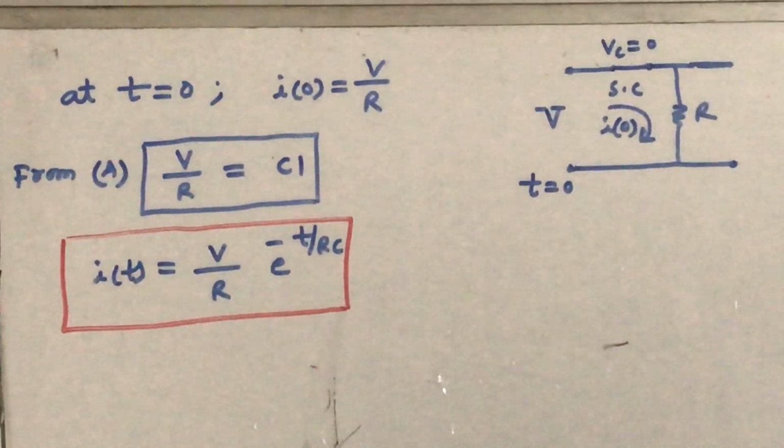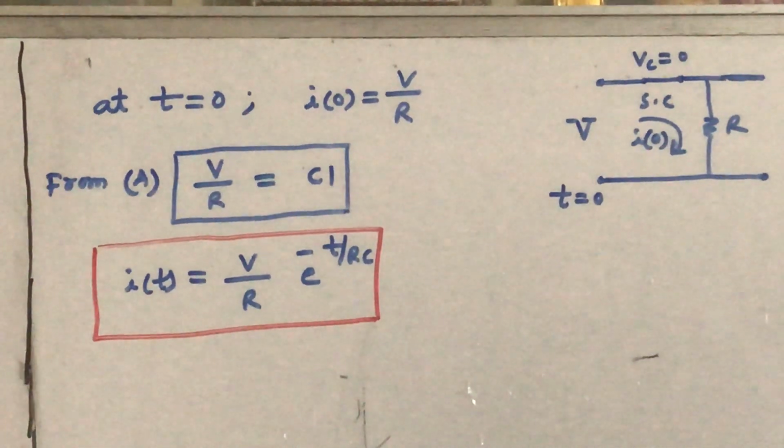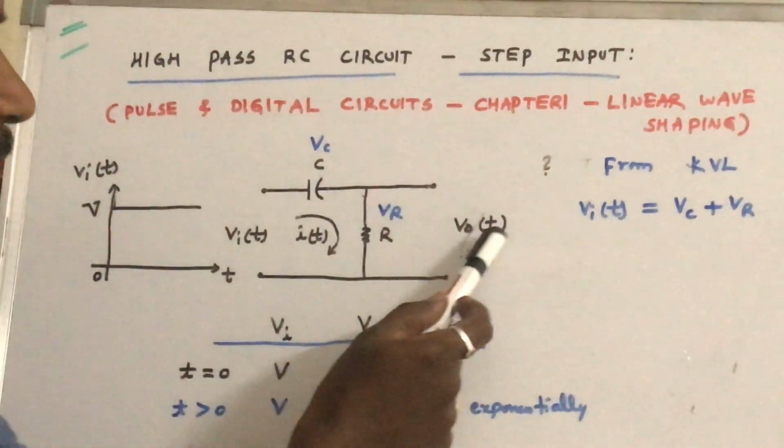Now we have found the expression for I of t. What is the output voltage?